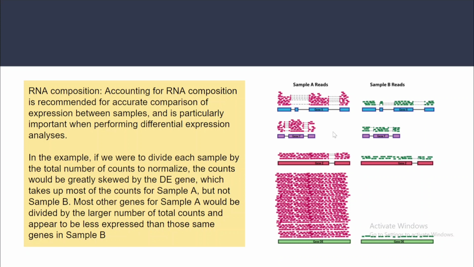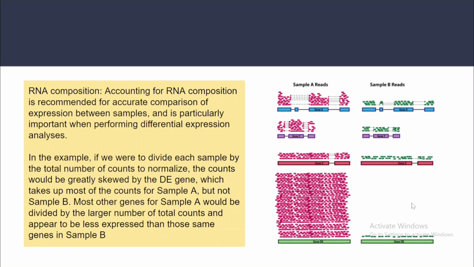In this example, this is the sample A reads and this is the sample B reads, and here is the expression level for genes X, Y, Z and D. The same for sample B, expression levels for gene X, gene Y, gene Z. If we divide each sample by the total number of counts to normalize the data, the counts are basically skewed by the D gene, because in sample A, D is the dominating part, which takes up most of the counts.